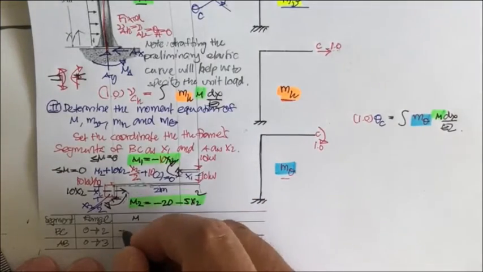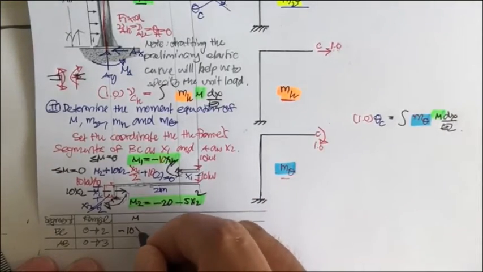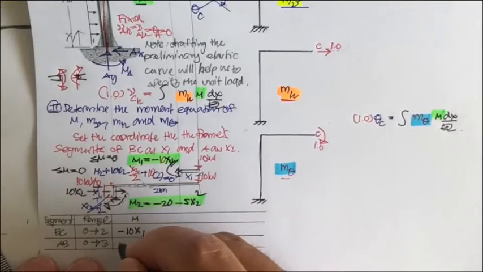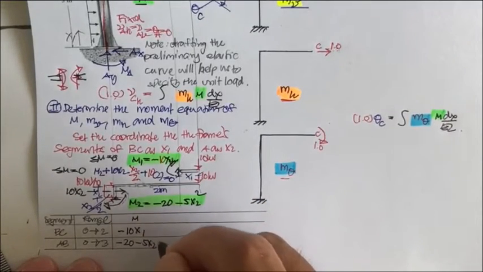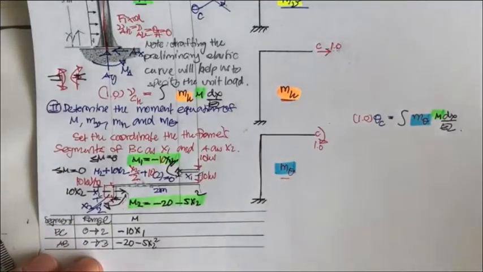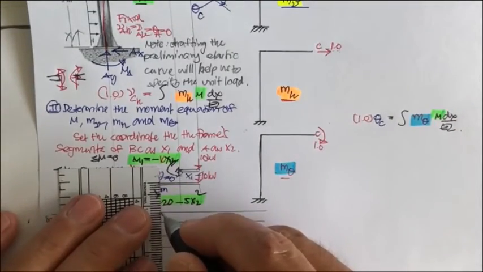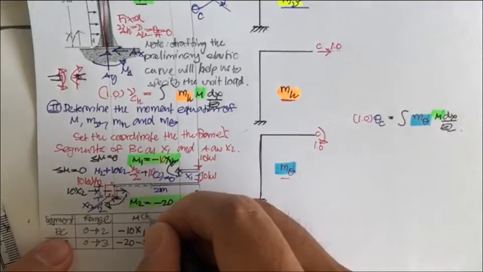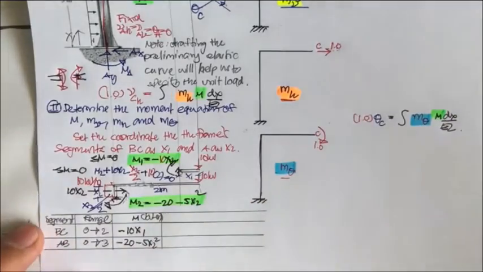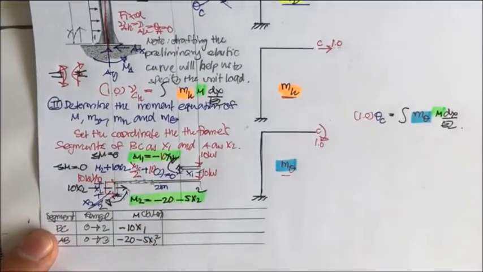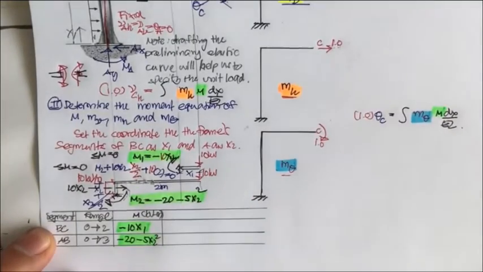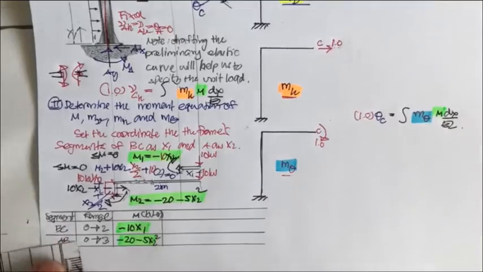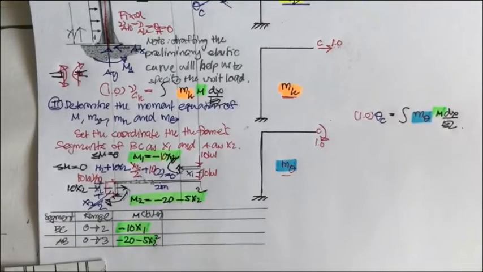That is going to be minus 10x1, and then minus 20 minus 5x2 squared. And this is going to have units of kilonewton meter. If you like to do so, you may put this one in green to highlight it, and you don't miss it later.